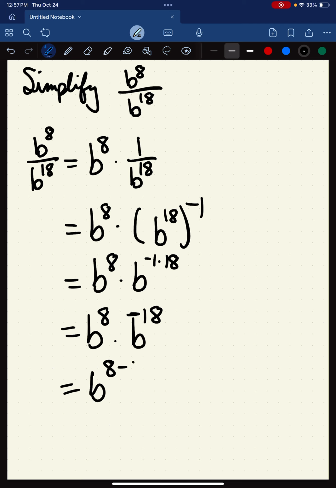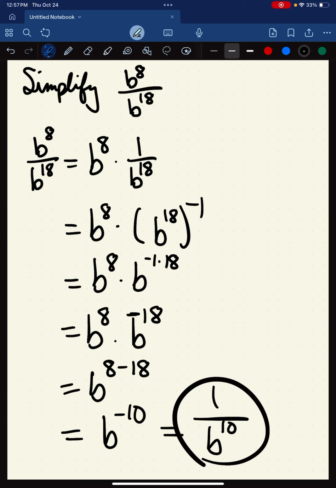And so then using the additive property of exponents, we add those two together, which is the same thing here as subtraction. We're adding the negative, b to the -10, and that is 1 all over b to the 10.